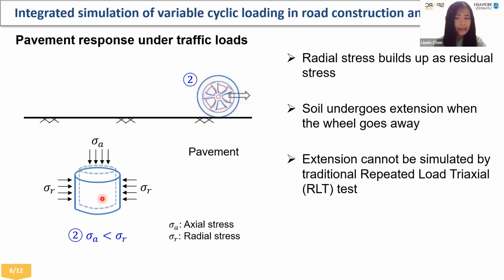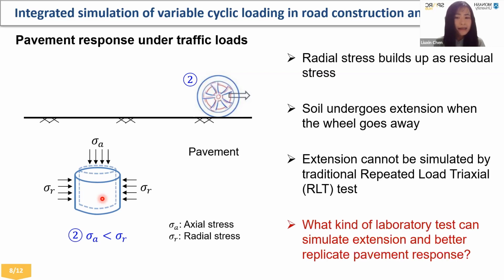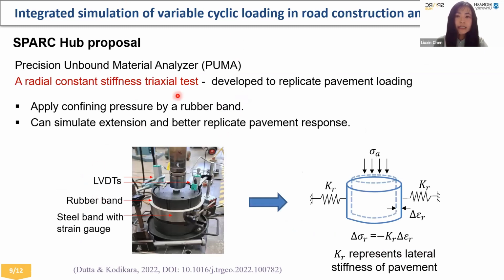Then someone may ask, what kind of laboratory test can capture this feature and better replicate pavement response? In SPARK UP, we are proposing a radial constant stiffness test as a better simulator of pavement performance, capturing it in a single element.